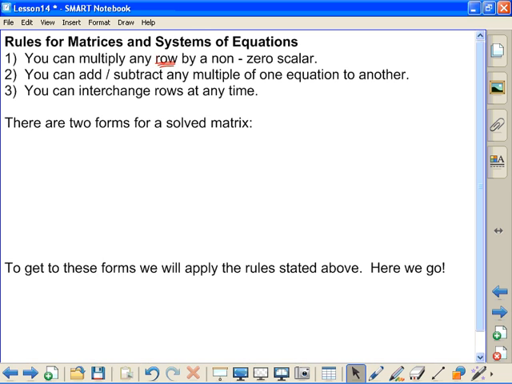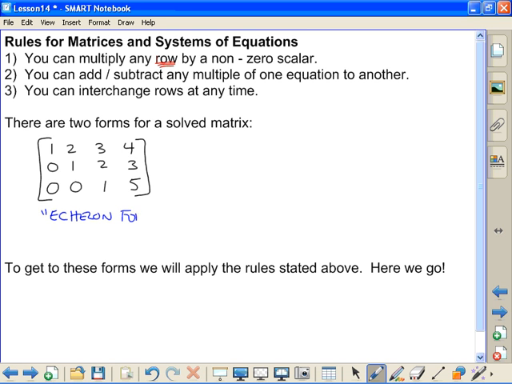All right. So there are 2 forms that we're driving for here, and I'll show you each one. The first form, it's going to look like this. So you're going to have 1, and maybe I'll stick with numbers, 1, 2, 3, 4, and then 0, 1, 2, 3, 0, 0, 1, 5. Okay, this is what we call echelon form.